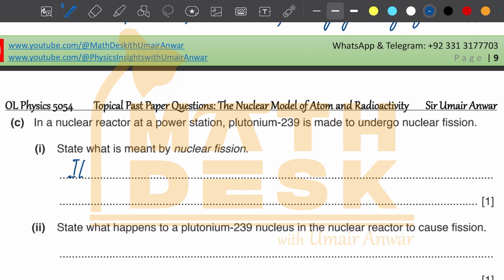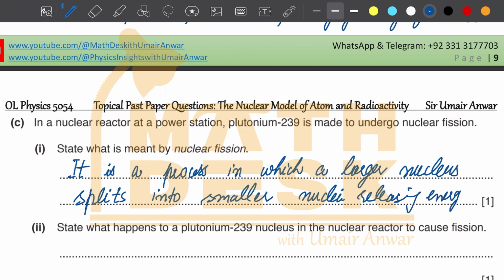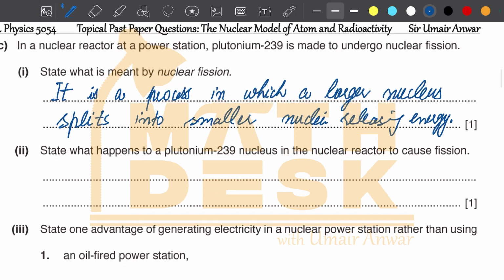So it is a process in which a larger nucleus splits into smaller nuclei, releasing energy. So this is the simple definition of nuclear fission.